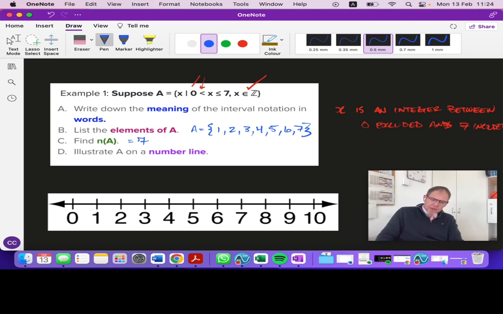That's 7 numbers. And the last step here is we got to illustrate it on the number line. These are integers, so it's dots. So it's 1, 2, 3, 4, 5, 6, and 7. That's our illustration.